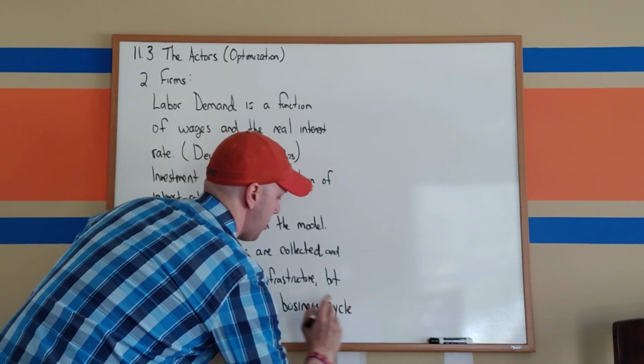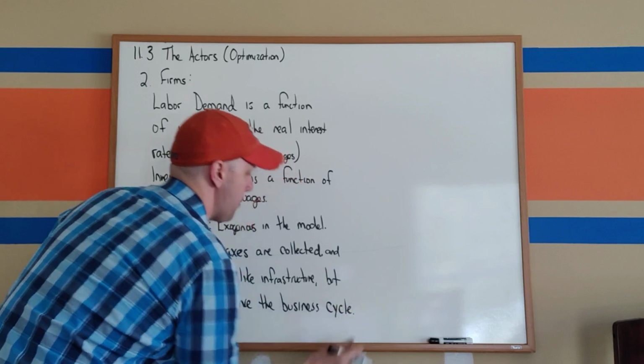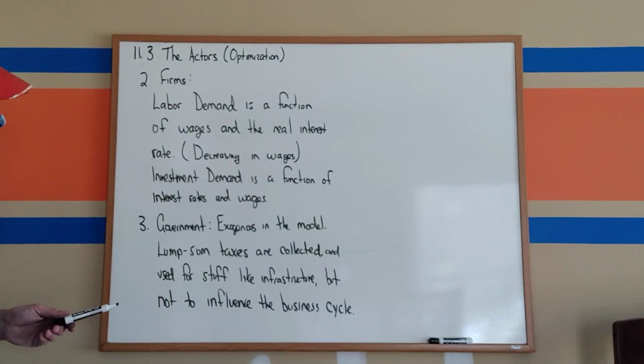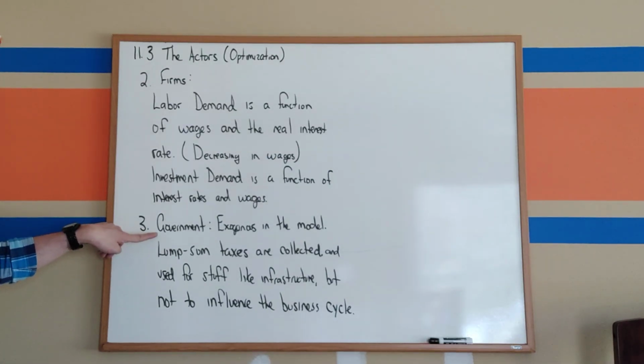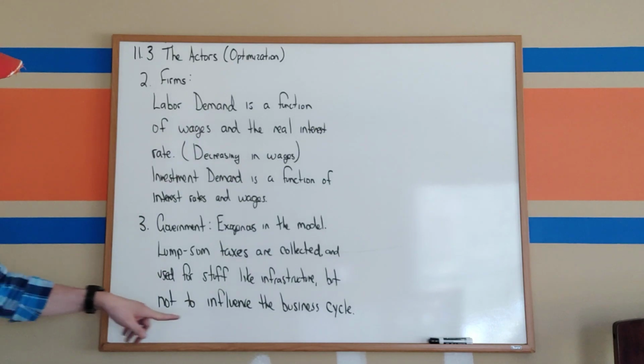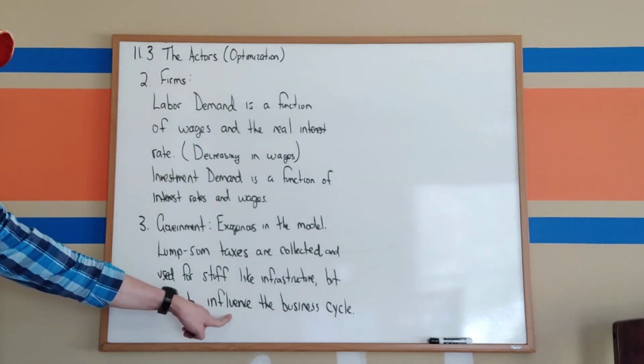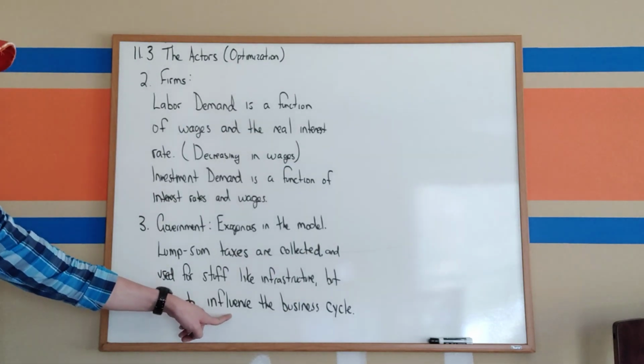But what they're not used for is to influence the business cycle. Taxes or borrowing by issuing bonds, etc., any form of spending this government chooses to engage in is not going to be used to influence the business cycle. Now, why is it not going to be used to influence the business cycle? Because it can't. The government knows that, so they just don't mess with it.